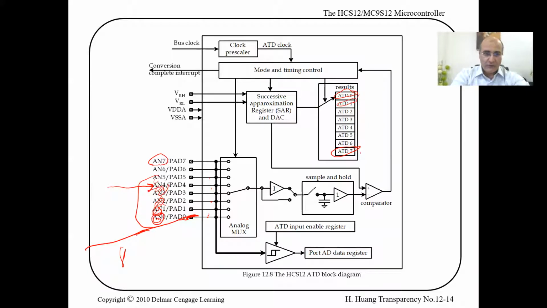So AN4 will be stored at 0 here. The next reading will be stored here. The third reading will be stored here. If you read again the next time, you will not go back to 0. You won't reset. You will continue. The first reading will be at 3, second at 4, third at 5. Next time you read, you continue. 6, 7, you go back to 0. Okay. So it's FIFO and non-FIFO.